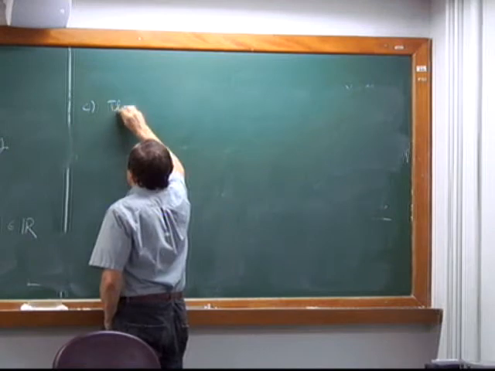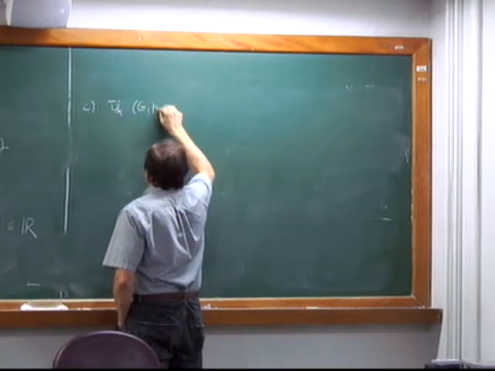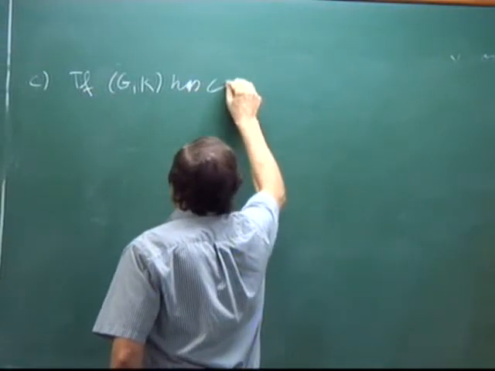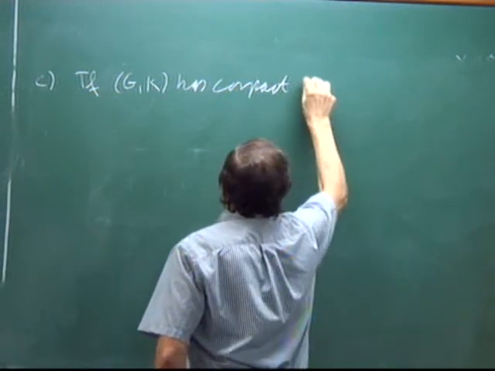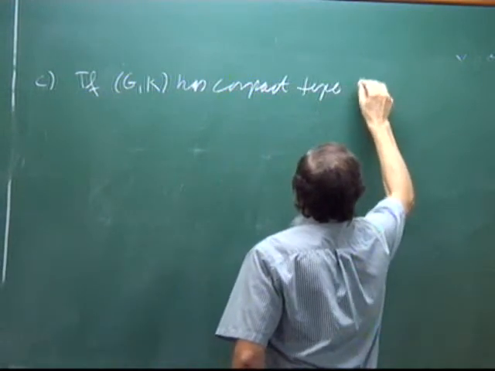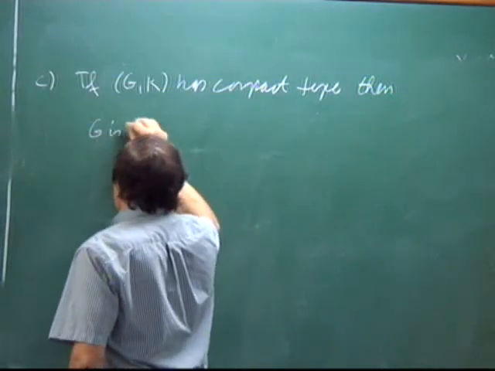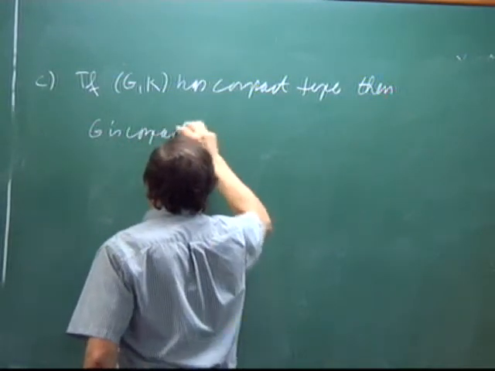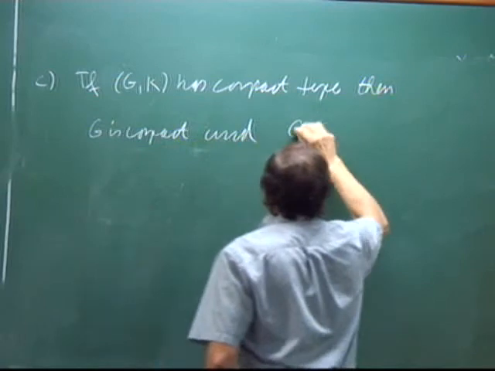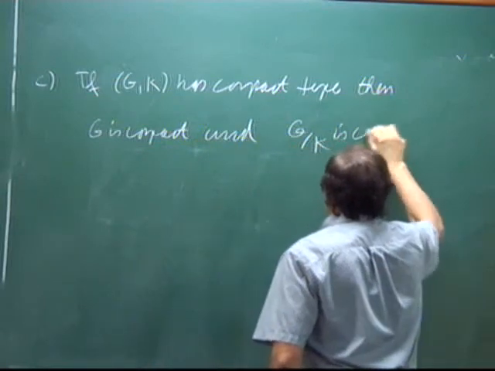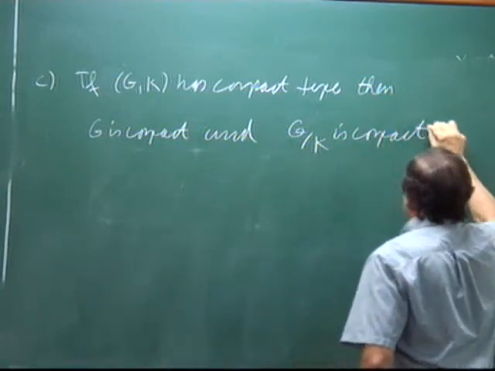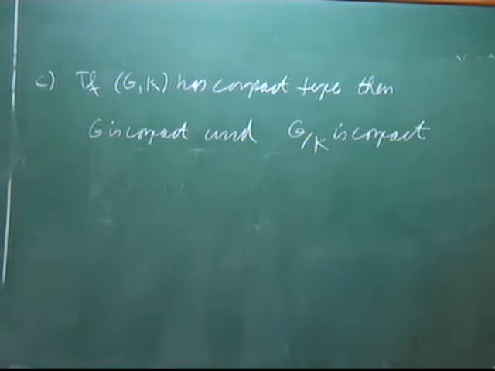So if (G, K) has compact type, then G is compact, and then also G mod K, of course, is compact. So compact type is where the manifold is compact, and G is a compact group of isometries.